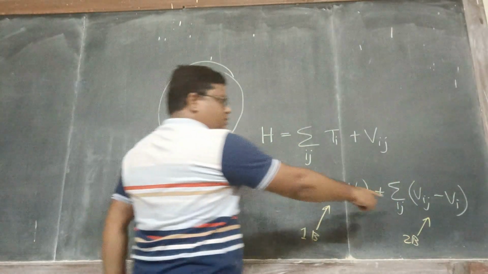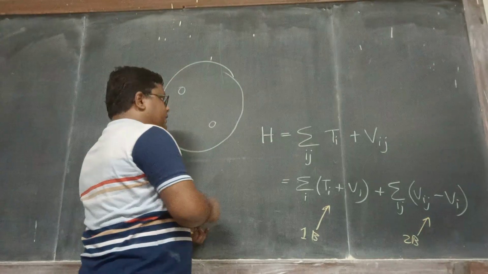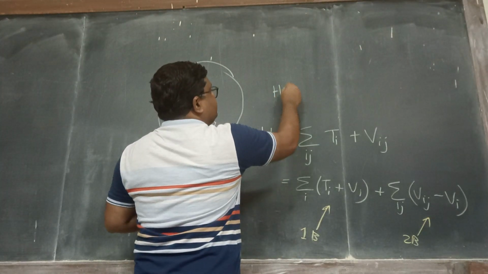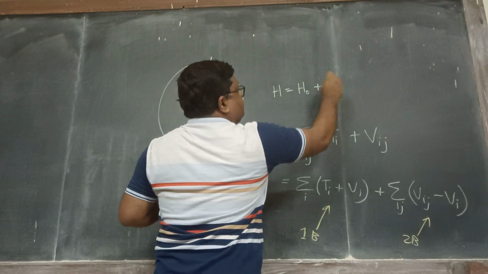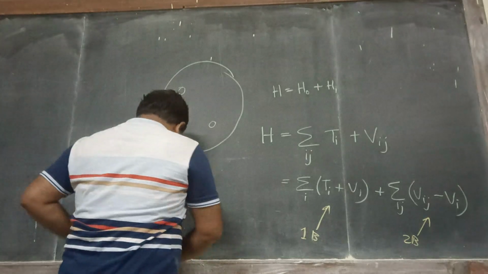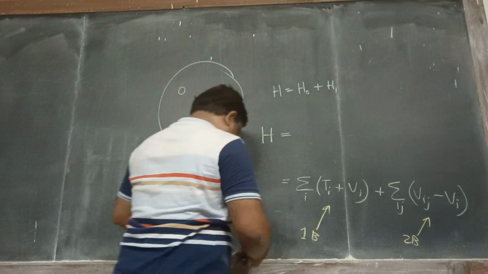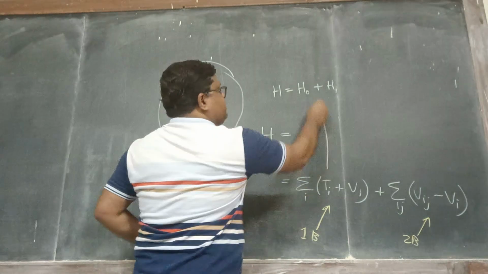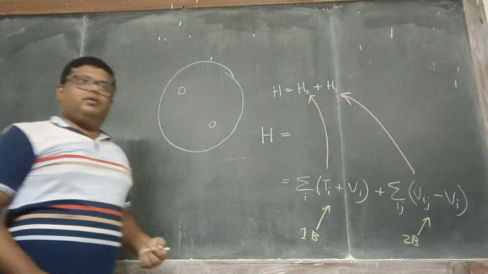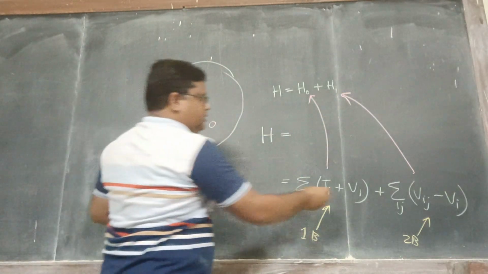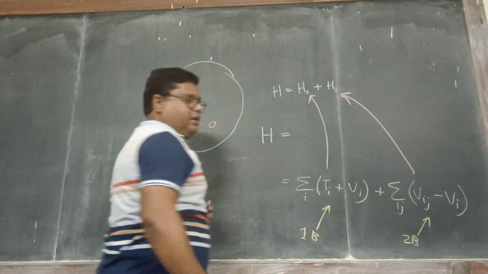So this entire Hamiltonian I can write as H is equal to H0 plus H1, where H0 is the one body term and H1 is the residual interaction.